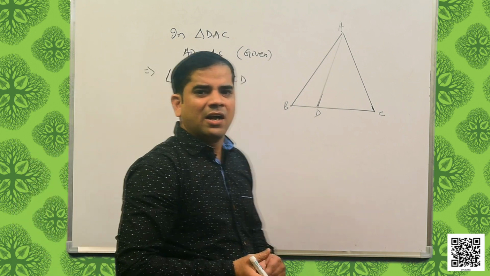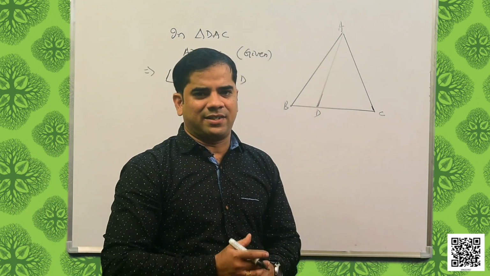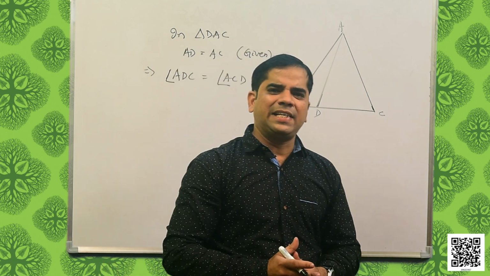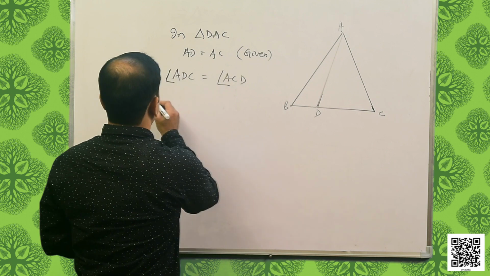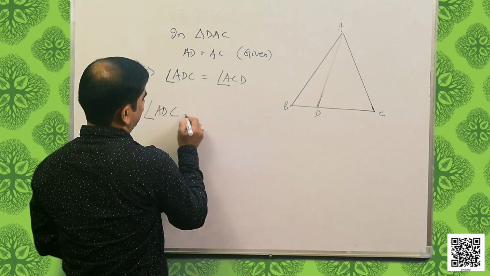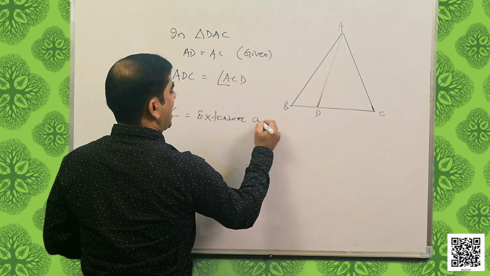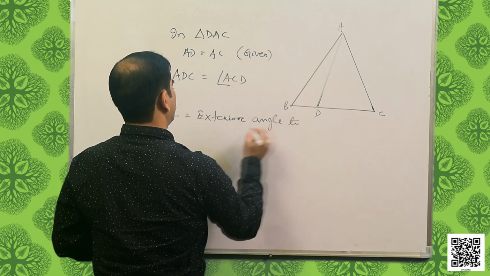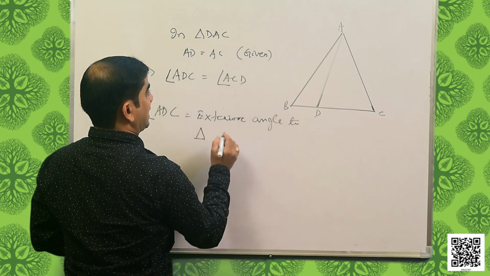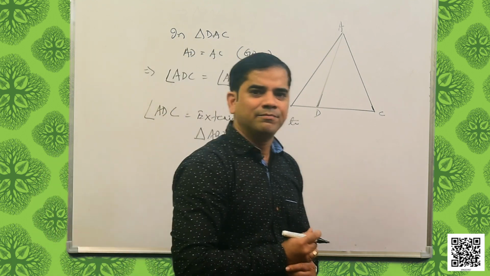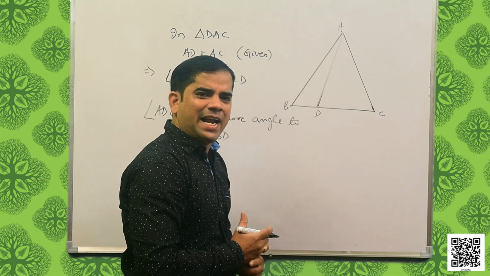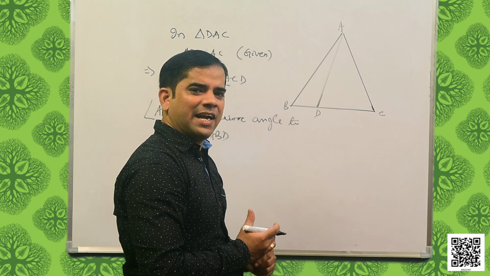Because they are angles opposite to equal sides. Now, angle ADC is an exterior angle for triangle ABD. So, angle ADC is greater than angle ABD.